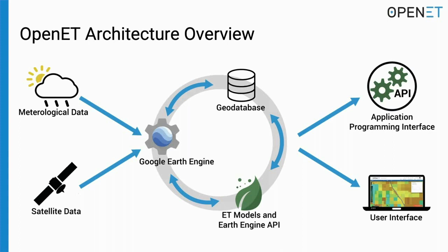Google Earth Engine makes it much easier for the teams to collaborate on the development of consistent pre-processing and ingestion algorithms and workflows for the satellite and meteorological data. The pre-computed summaries for the individual fields are stored in a geodatabase. The application programming interface is currently being tested and prepared for public release later this year.